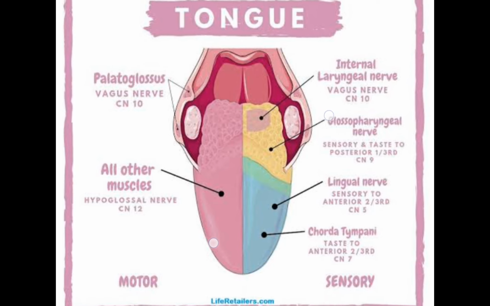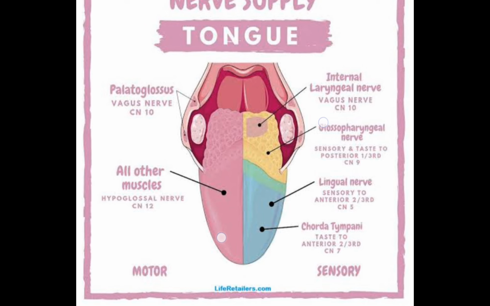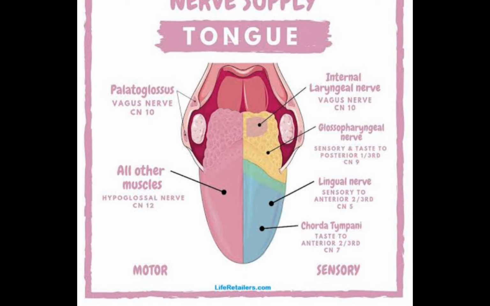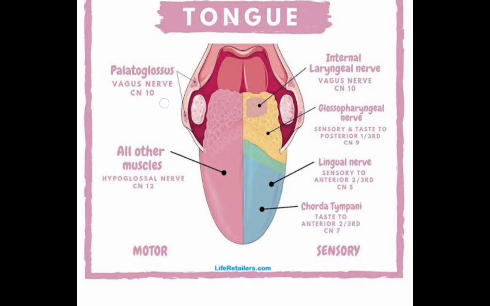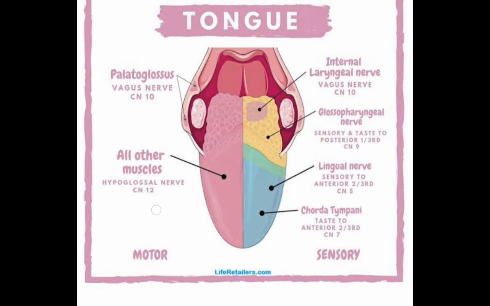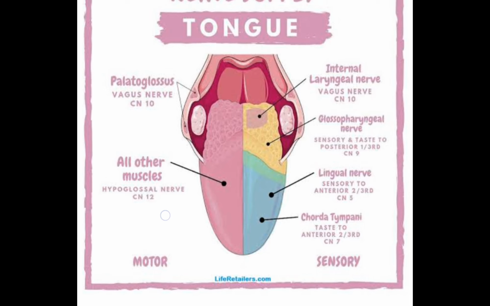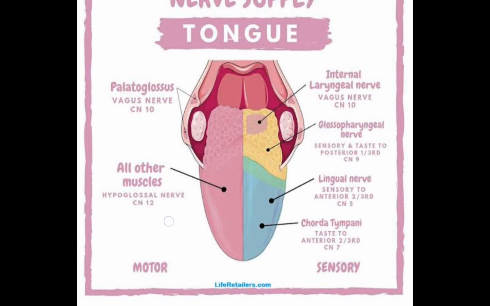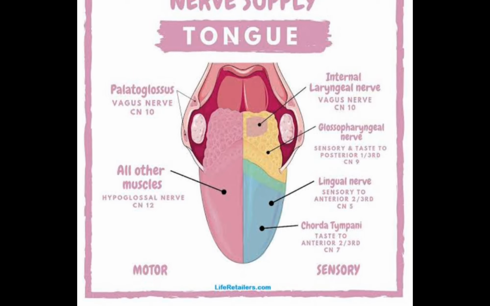The palatoglossus is supplied by the 10th nerve, and the palatoglossus is originating from which arch? Sixth branchial arch. And the other muscles are originating from the occipital myotomes, and they are supplied by the hypoglossal nerve, that is the 12th nerve.